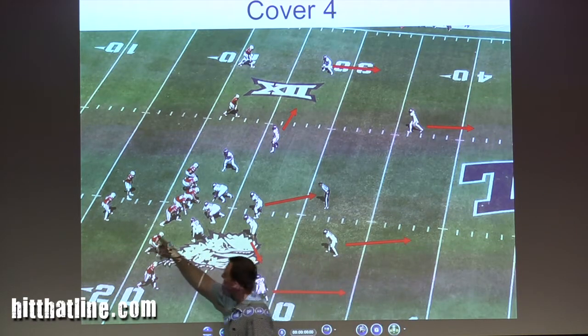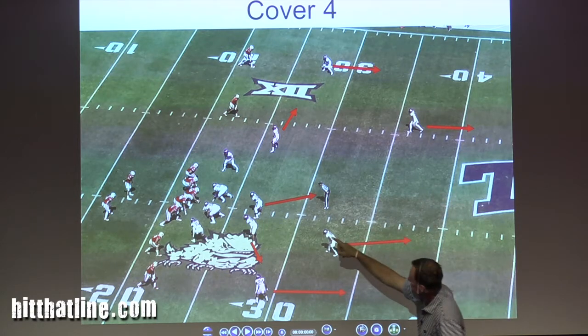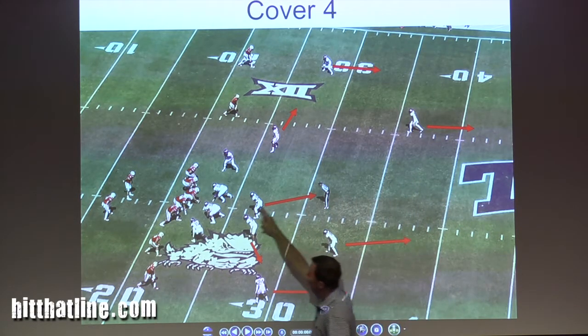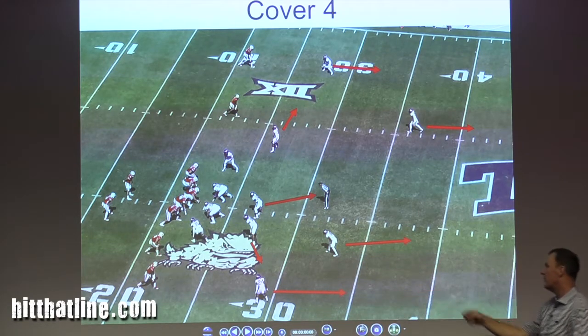They'll eye the tackles. If you're a wide safety, you'll eye that tackle. If that tackle pops high hat, he knows it's pass. I've got to get my eye on number 2 and find out what I'm doing. If that tackle has low hat down, then now my eyes got to get in the backfield and I've got to be able to run support.